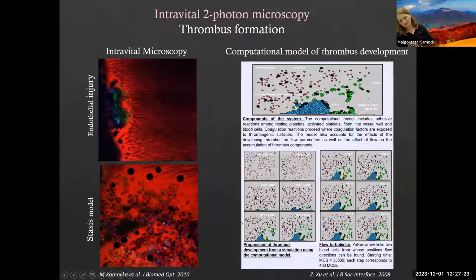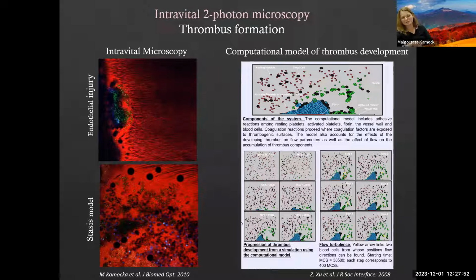So from our intravital imaging, we provided input into this model, so we could put in various parameters and predict what would happen with the growing thrombus under different circumstances. This work was done in collaboration with mathematicians from the University of Notre Dame.